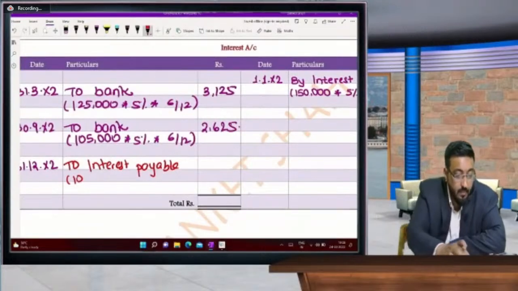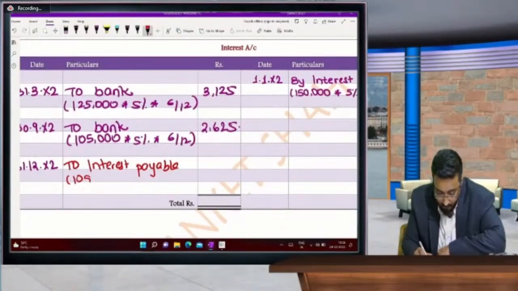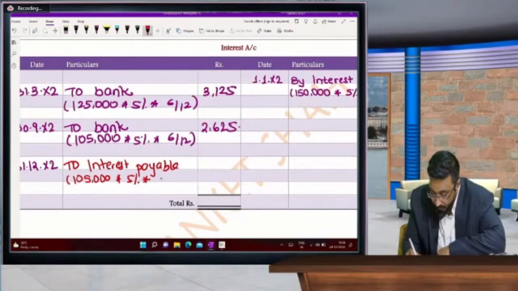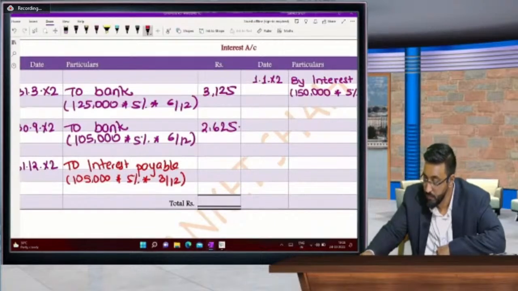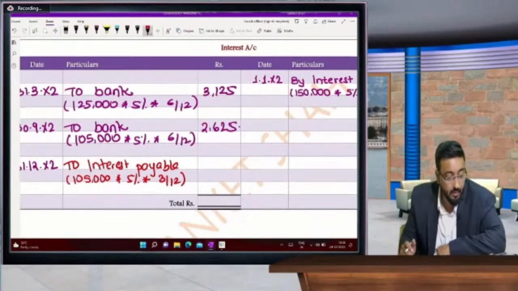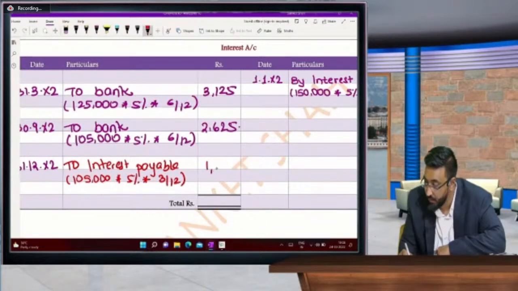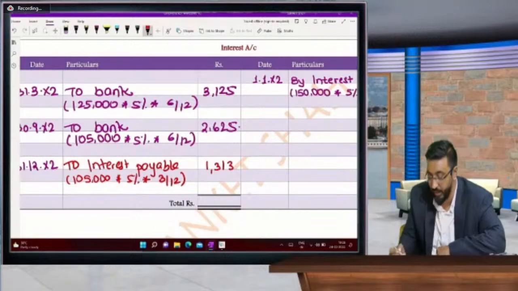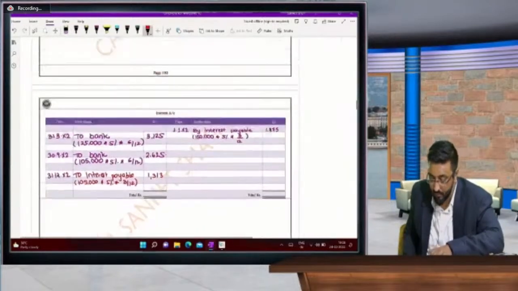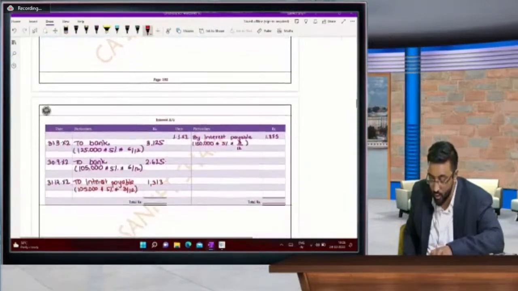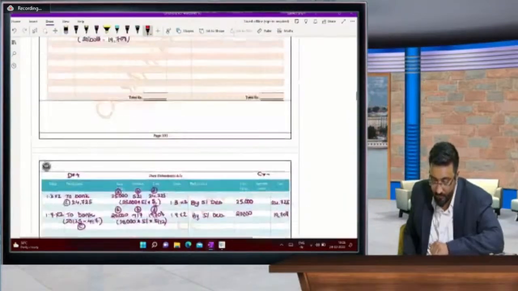$1,05,000 into 5% into 3/12. This is 1313. Actually, you are getting 1312.5, so I'm writing 1313. And now it's over.